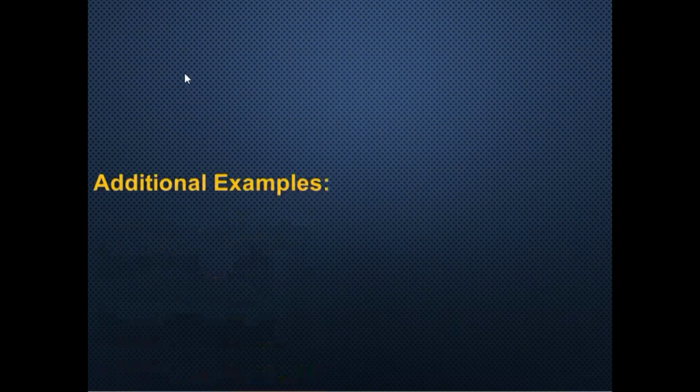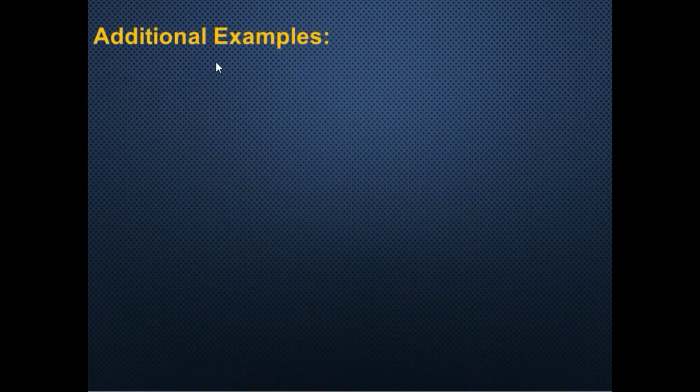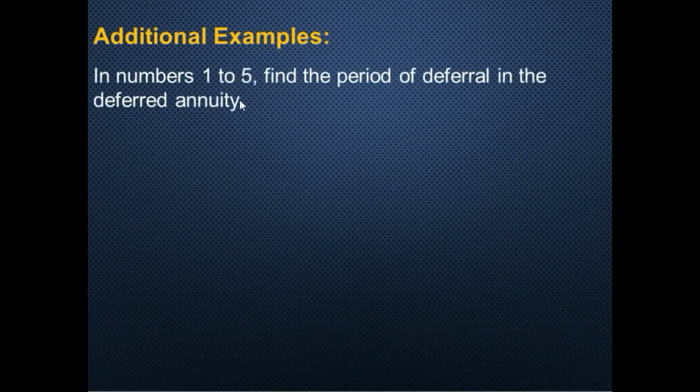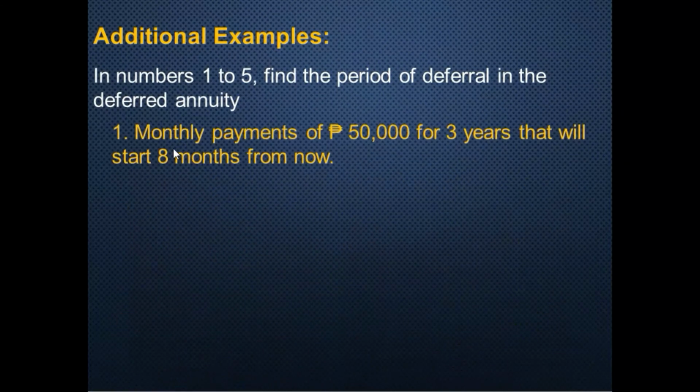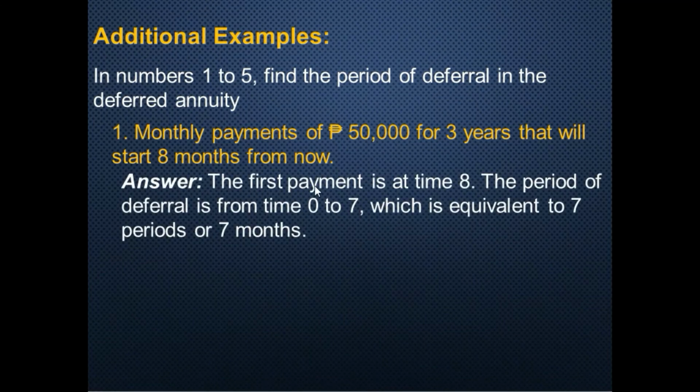So we have here other examples on how to get the period of deferral in a deferred annuity. In number 1, monthly payments of 50,000 pesos for 3 years that will start 8 months from now. So the first payment is at time 8 months. The period of deferral is from time 0 to 7 months, which is equivalent to 7 periods or 7 months.